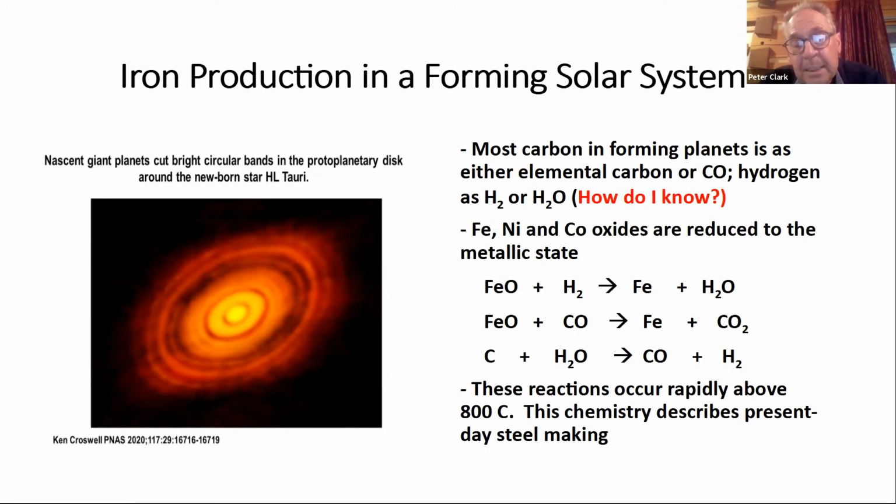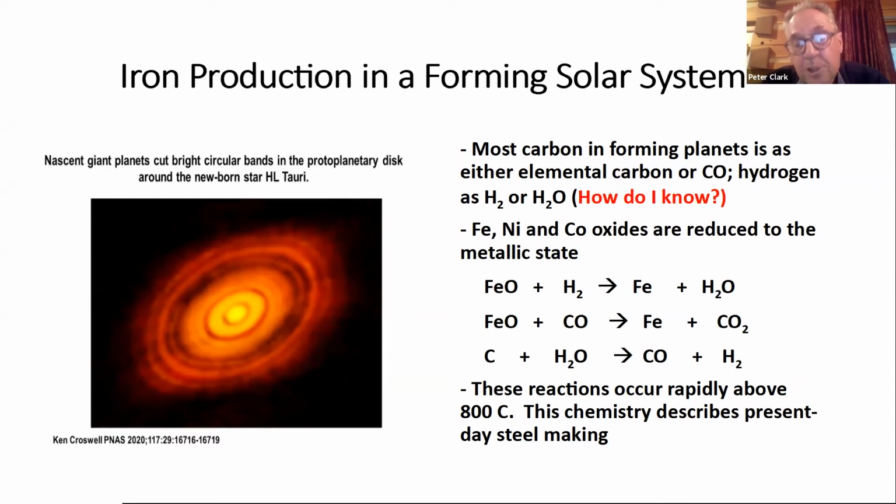So the carbon that has been produced in a forming solar system and in the planets that form in that system then can react with iron oxide, and the result is carbon dioxide. And the carbon monoxide can be replenished, as you can see, by reaction of elemental carbon with water to make carbon monoxide and hydrogen. This is essentially the same chemistry that goes on in conversion of iron oxide to steel in a steel plant. So there is nothing magical.